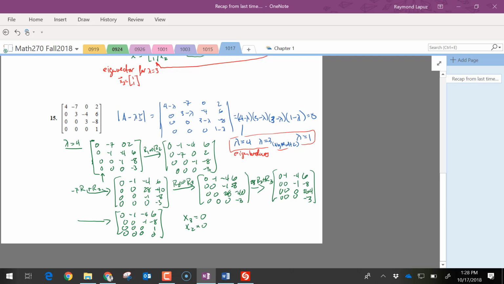Wait, sorry, x4, x3, and x2 are all equal to 0. And then x1 is going to be free. So your vector here would be 1, 0, 0, 0. Does that make sense?